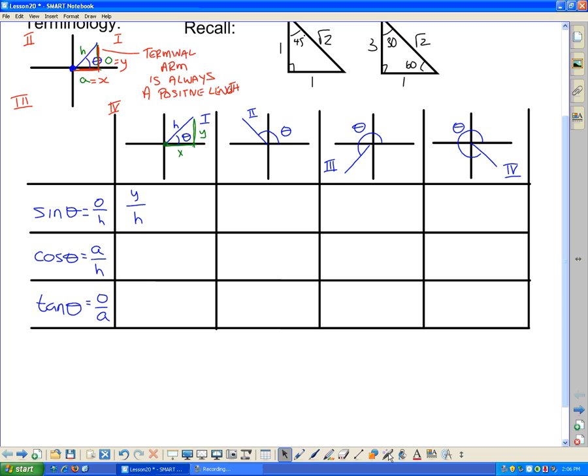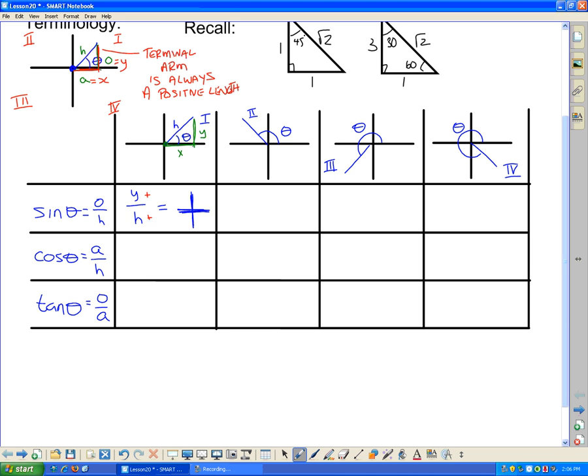Now the y value, I said, is positive. The terminal arm is always positive. So if you have a fraction where y is positive divided by positive, the resulting fraction will be positive. So what I'm trying to say is that in quadrant 1, because opposite divided by hypotenuse, the opposite length, the y value will always be positive, terminal arm is always positive, then the decimal or the fraction that we'll get for an angle between 0 and 90 will always be positive.